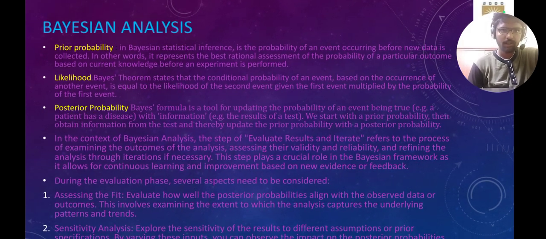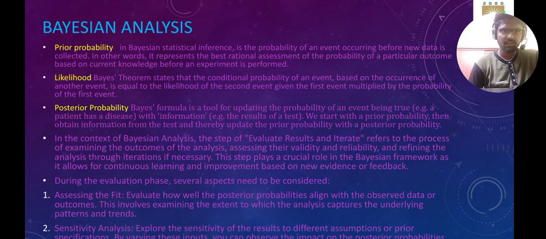Prior probability in Bayesian statistical inference is the probability of an event occurring before new data is collected. In other words, it is the best rational assessment of the probability of a particular outcome based on current knowledge, before an experiment is performed.